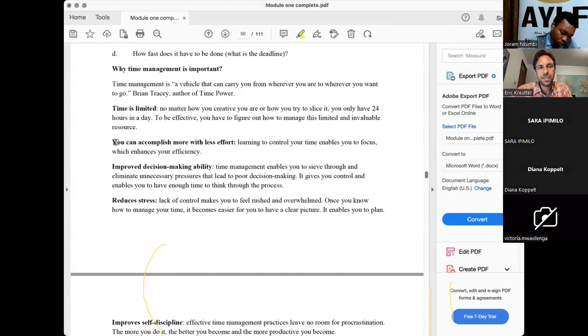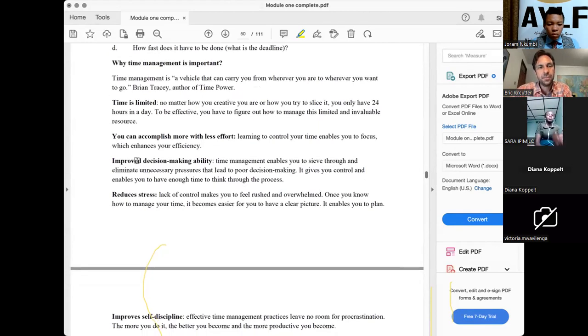Time management is important because you can accomplish more with less effort. When you become better at managing time, you're able to flow easier through the tasks that you do and not worry about things so much. So you can actually accomplish more in the same 1 hour than someone else. Time management improves your decision making.